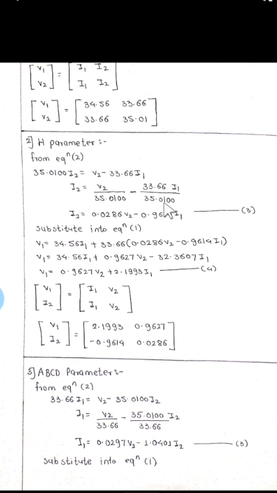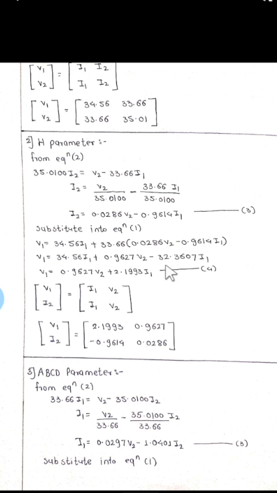By simplifying this, we get the equation for I2, that is I2 is equal to 0.0286 V2 minus 0.9614 I1. We consider this equation number 3. We substitute equation number 3 in equation number 1. Then we get V1 is equal to 34.56 I1 plus 33.66 times I2 value from equation number 3, that is 0.0286 V2 minus 0.9614 I1.